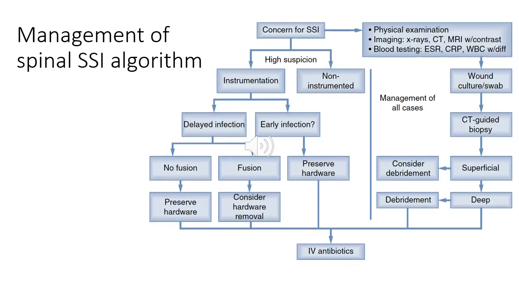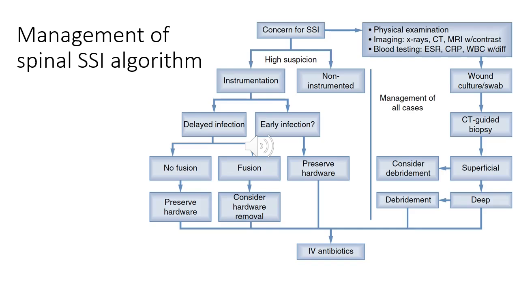Here we outline a management of spinal surgical site infection algorithm. If there's initially a concern for a surgical site infection, then a thorough physical and neurological examination, imaging with either X-rays, CT, or MRI with contrast, and serum blood testing to obtain ESR, CRP, and a white blood cell count with differential.